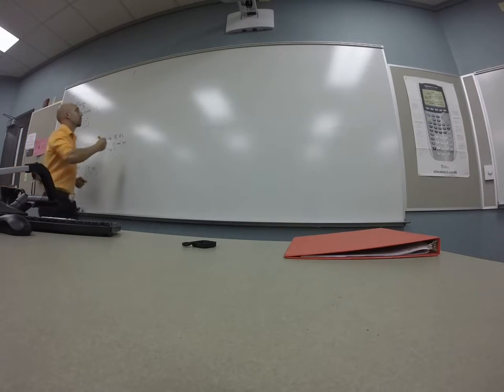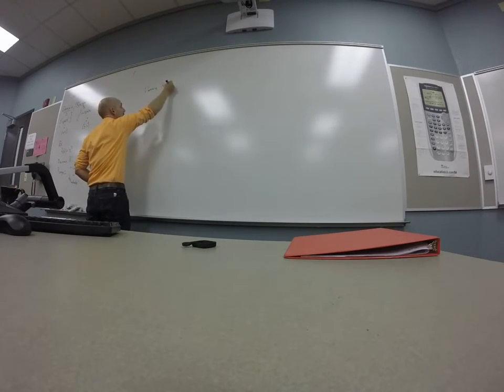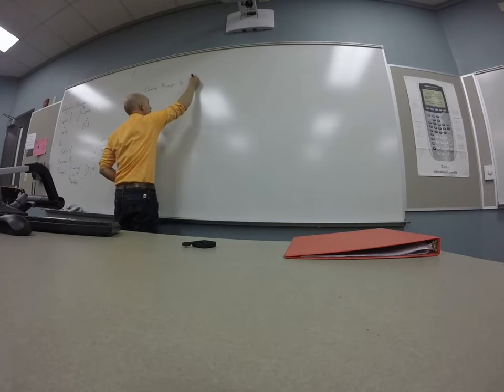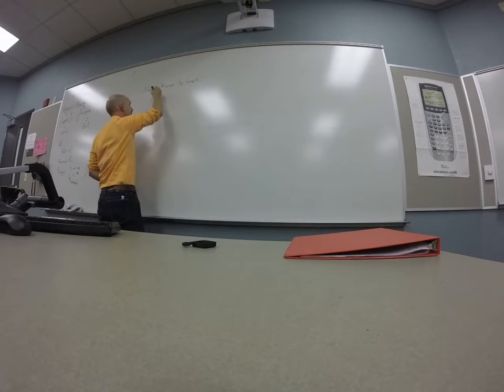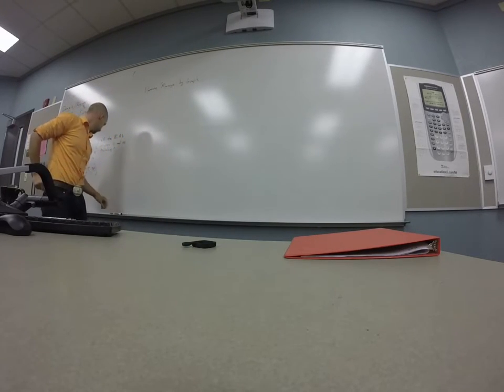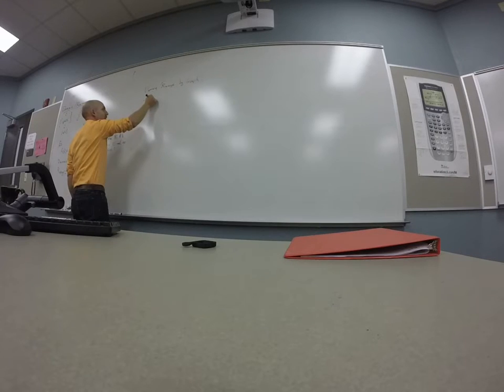Okay. So domain and range by graph. And this is maybe what I would recommend as kind of the good approach for this first time. So first step, graph your function.